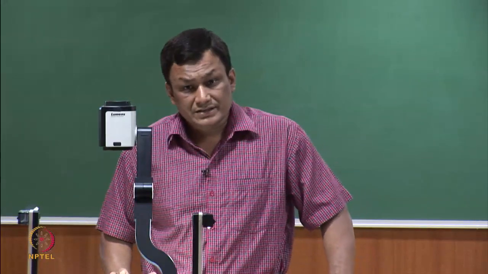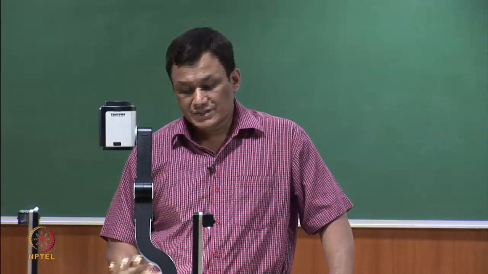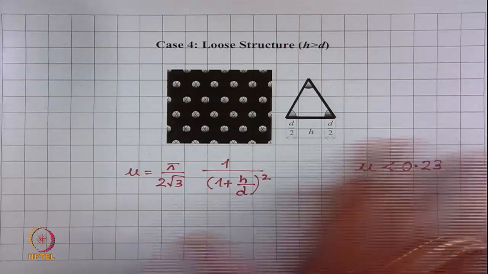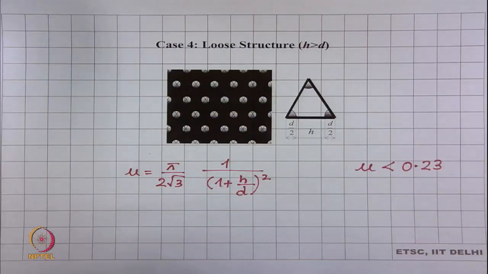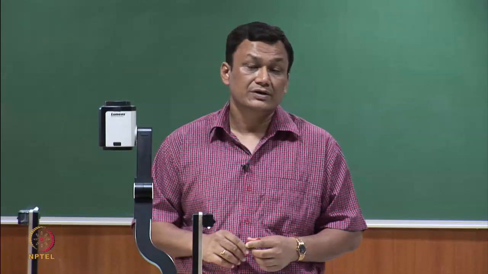Just to tell you that in textiles, non-woven materials generally exhibit packing density in this range. So, that is why non-woven materials are known to be very porous, very soft kind of materials.